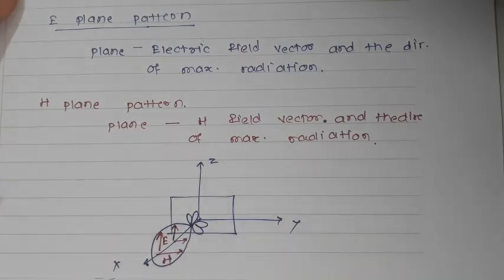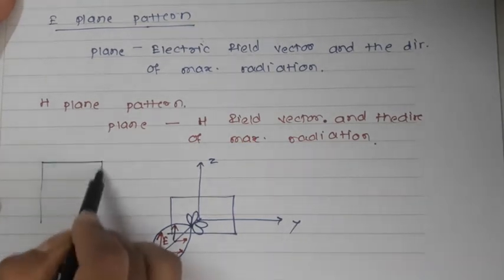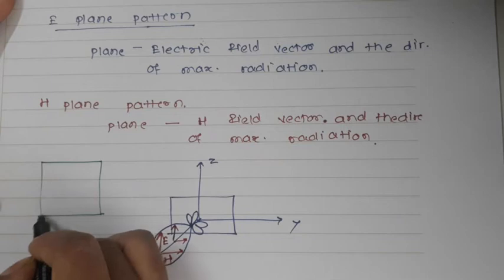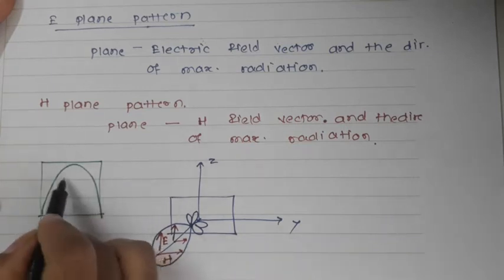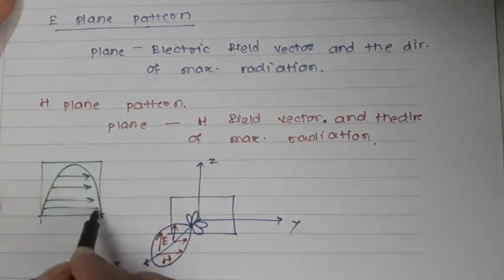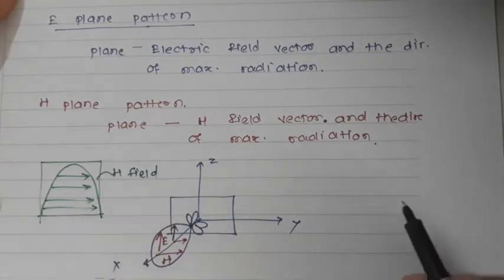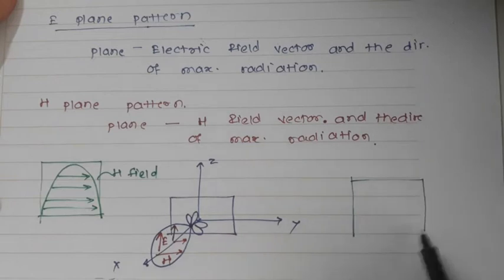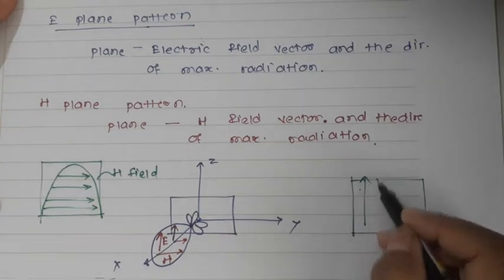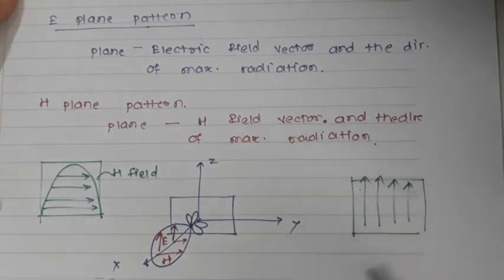If I draw the electric and magnetic fields separately, this is the H field, and the E field will be in this direction. Both fields are always perpendicular to each other.